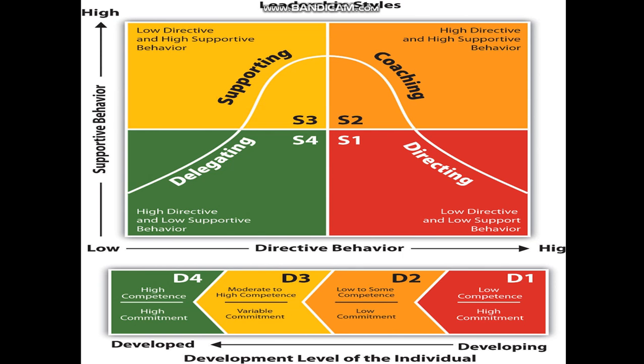Then D3 moderate to high competence subordinates, variable commitment. Then D4 high competence and high commitment. So the 4 types of development level: D1, D2, D3 and D4.